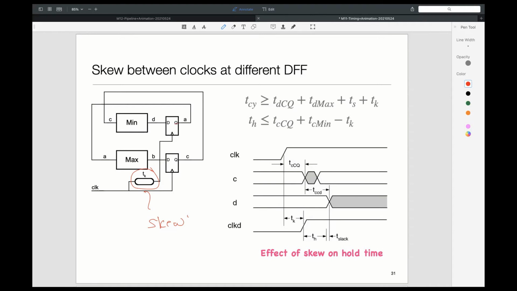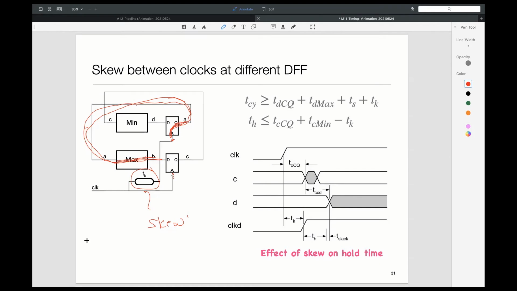So we worry about this path, right? In this case, some work starts at the clock tick, goes through the contamination delay here, this one is setup time, so goes through propagation delay here, goes through propagation delay here.